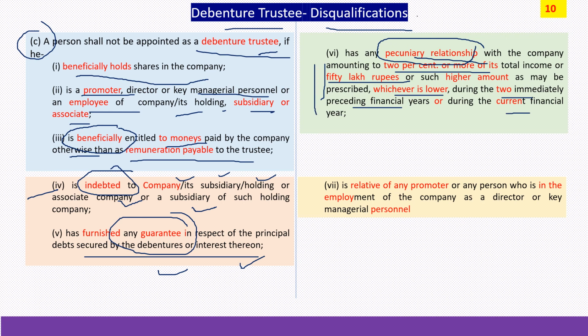This is all before he is appointed. Or he happens to be a relative of any promoter or an employee or a key managerial personnel of the company, related to the top management as a family member. He cannot be taken as debenture trustee because he becomes an insider, whereas debenture trustee is a position of fiduciary relationship.